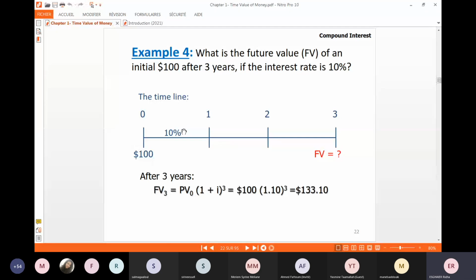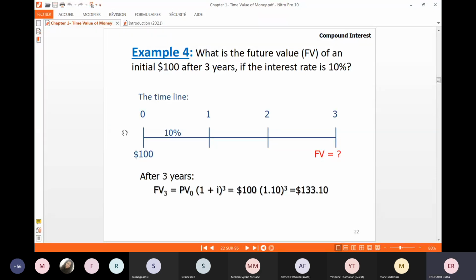But suppose that the interest rate during the second year is 12%. The third year, the interest rate is 9%. The future value, we can't compute it like this. We will compute the future value 1 separately, then the future value 2, then the future value 3. The future value 1 will be 100 times 1 plus 10% power 1.